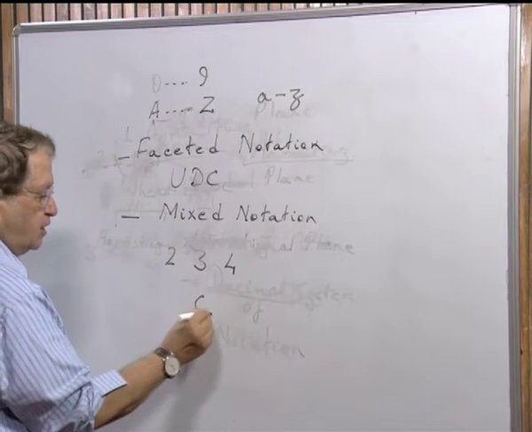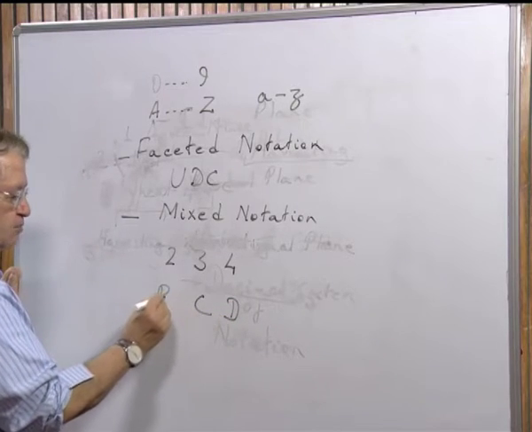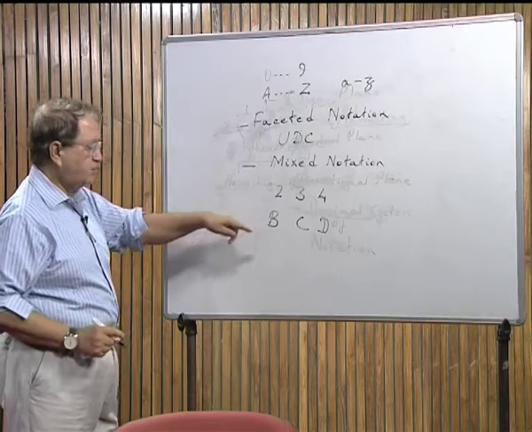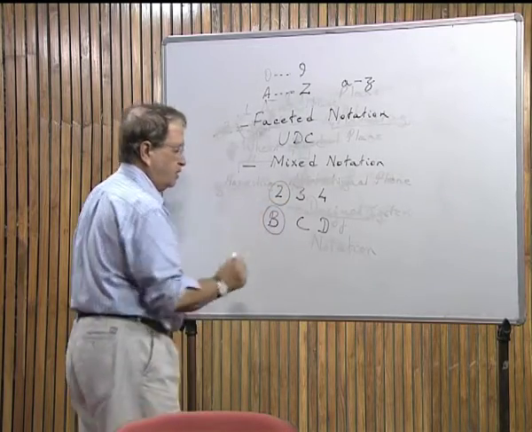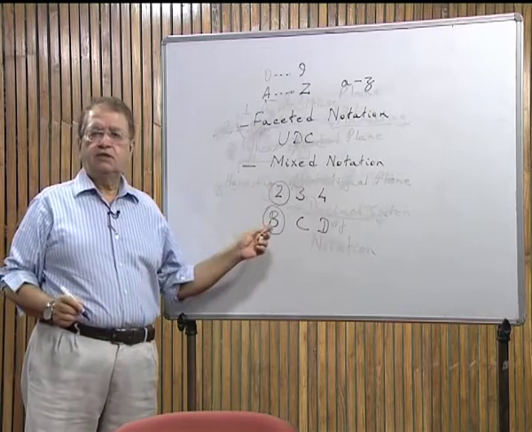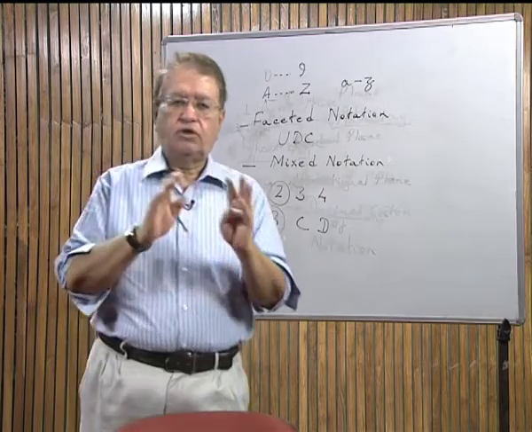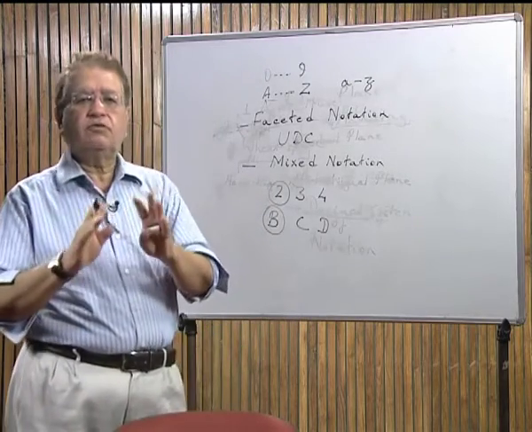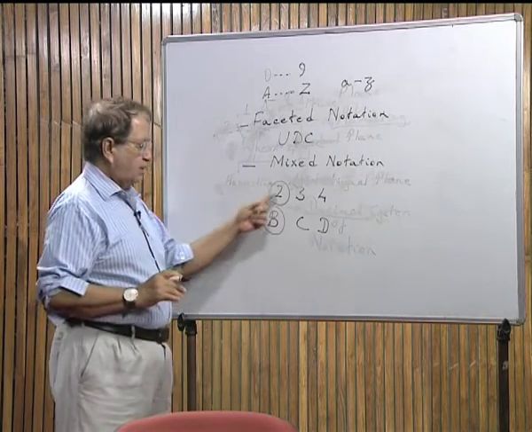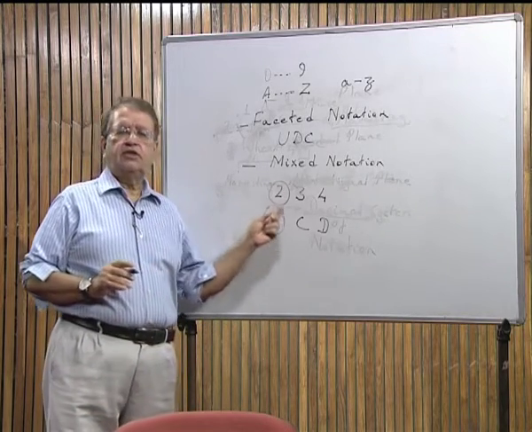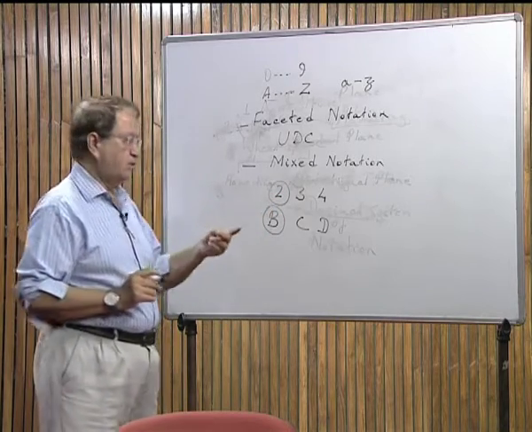If we have C, then we know that C will be followed by D and preceded by B. But what happens if you have a symbol 2 and a symbol B, then which one of these will go first? Meaning what will be the ordinal sequence between systems of notations which are of different types. Now, this created a difficulty, and this requires some kind of an arbitrary decision or a subjective decision. This is something that we have to remember.